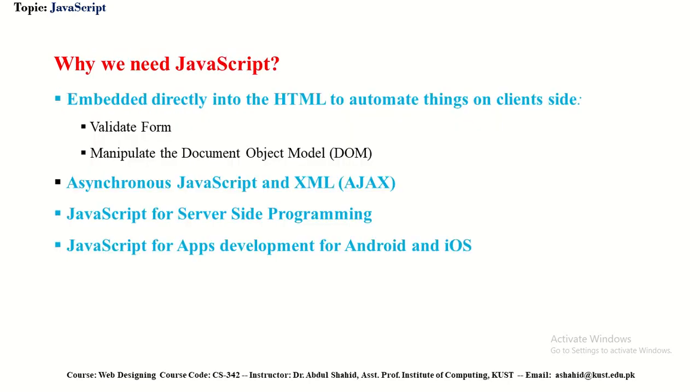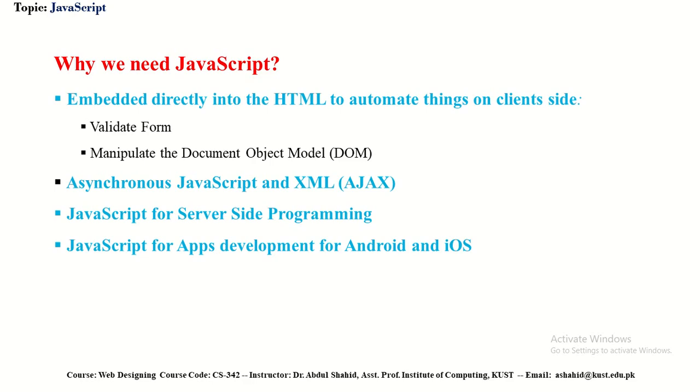So why we need JavaScript? Initially, when JavaScript was developed, the intention was to embed it directly into the HTML to automate various things on a client side. What can be automated on client side?